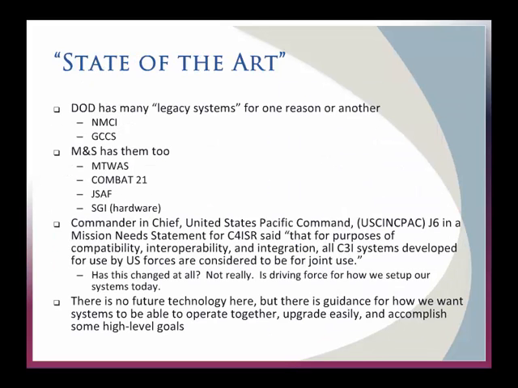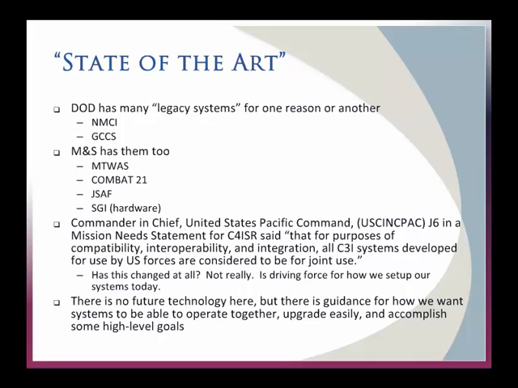So when we talk about state-of-the-art, DoD has a lot of legacy systems. If you don't think NMCI is already a legacy system, you're kidding yourself, because it is one. How in the world are we going to get off of NMCI if we decide that we want to go in a different direction for the key backbone infrastructure for the Navy and the Marine Corps?